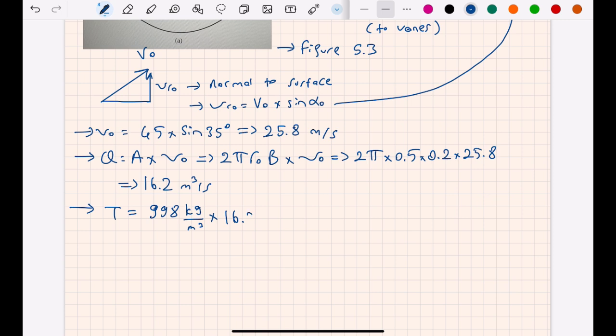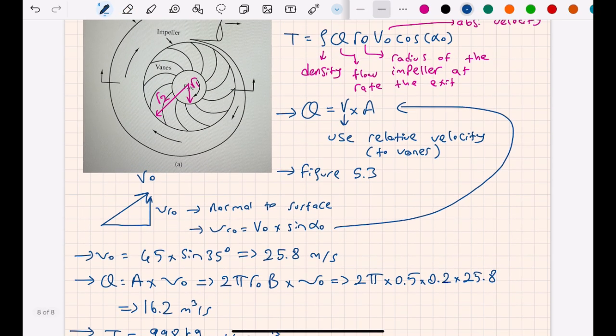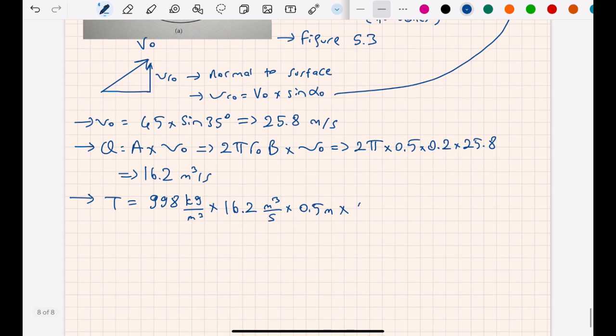So this is 16.2 cubic meters per second, times the outside radius, times absolute velocity, times cosine 35 degrees.